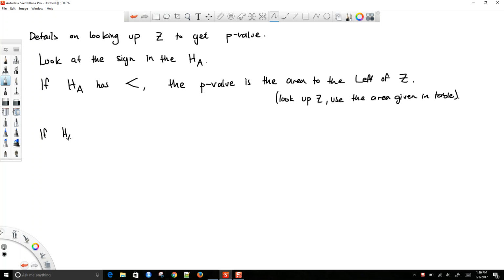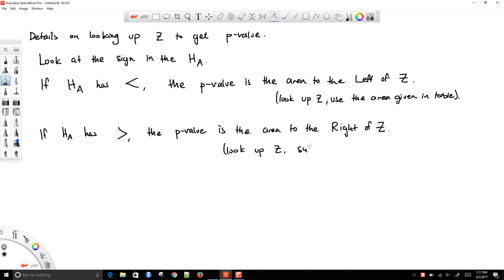If the alternative has a greater than sign, the p-value is the area to the right of z, which means look up z and then subtract that area from 1.